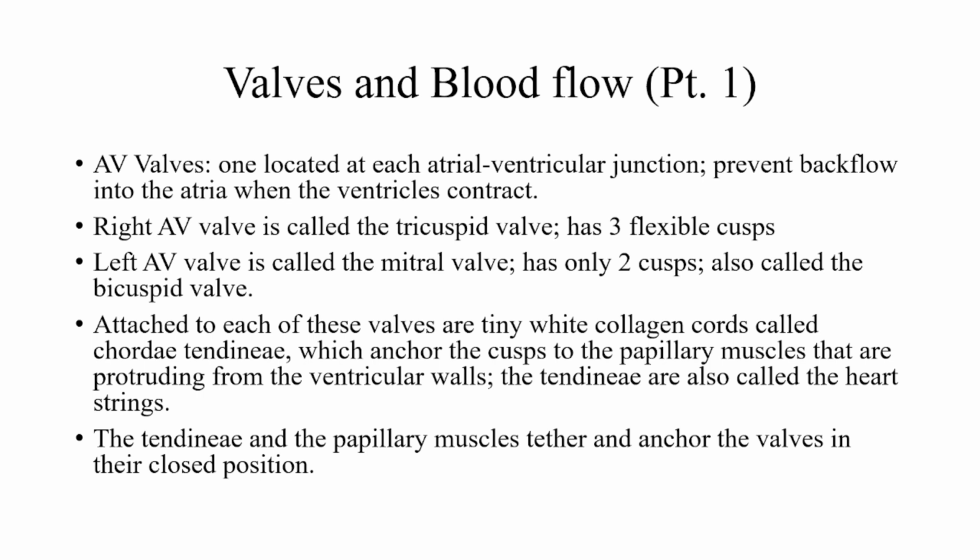Alright, so now we're going to talk about valves and blood flow. There are 2 AV valves, one located at each atrioventricular junction. These AV valves basically prevent the backflow of blood into the atria when the ventricles themselves contract. The right AV valve is called the tricuspid valve, and it has 3 flexible cusps.